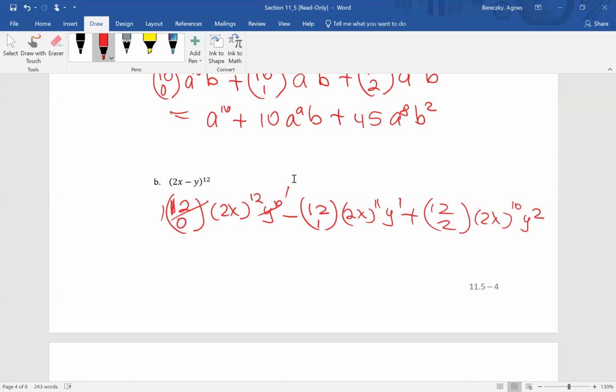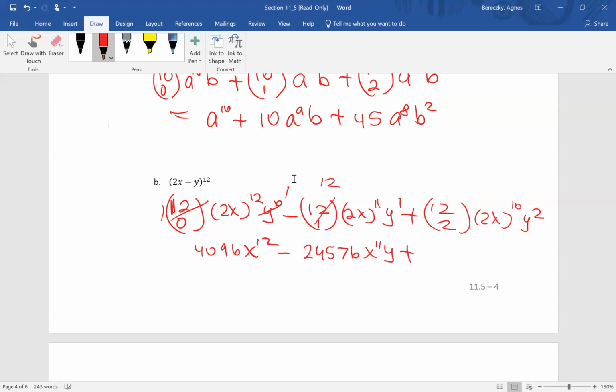2 to the 12th power is 4096, x to the 12. Then we have 12 over 1 is 12. Again, you take 2 to the 11th power, and we will get a big number, 24,576, x to the 11 y.